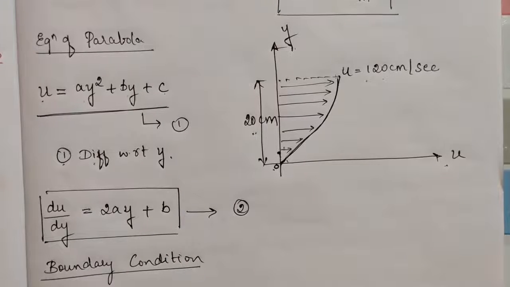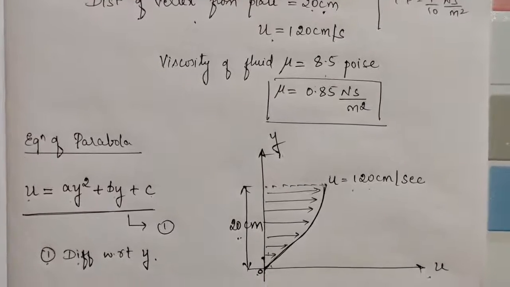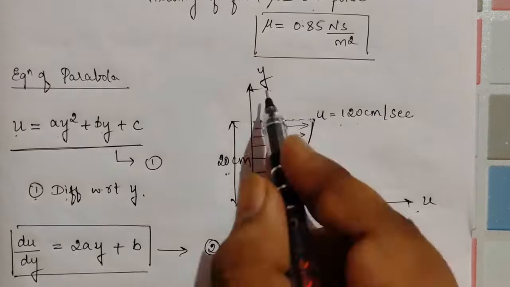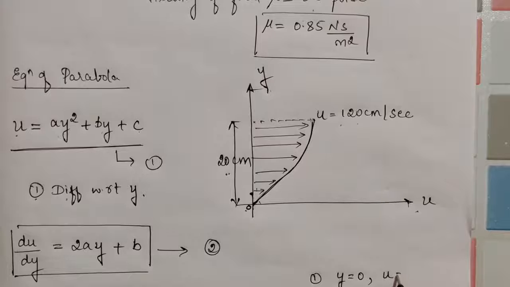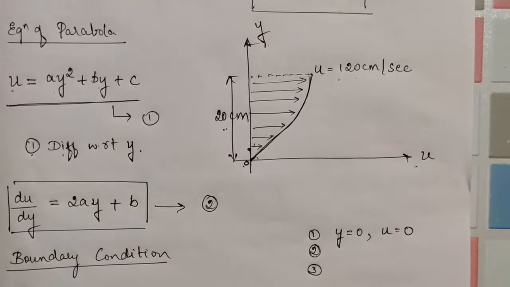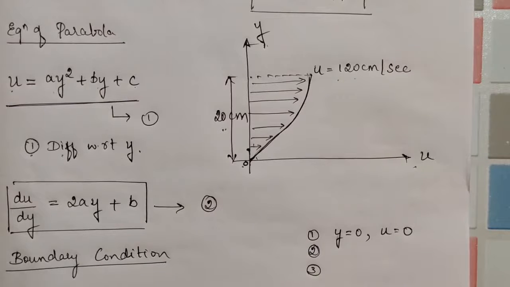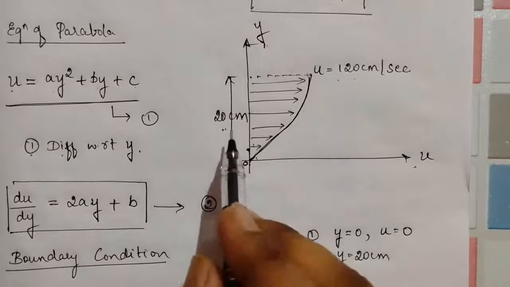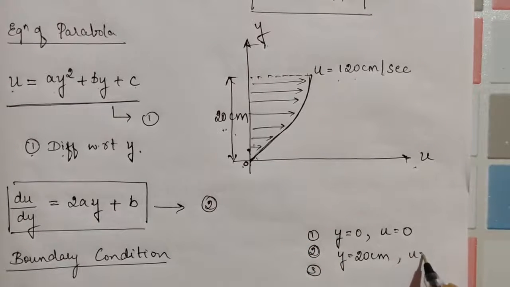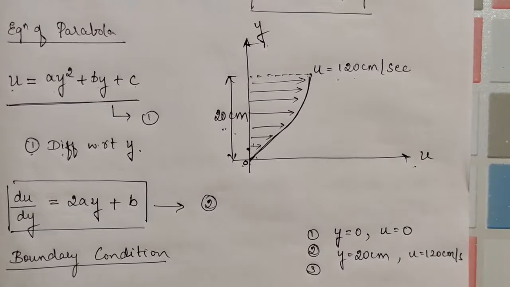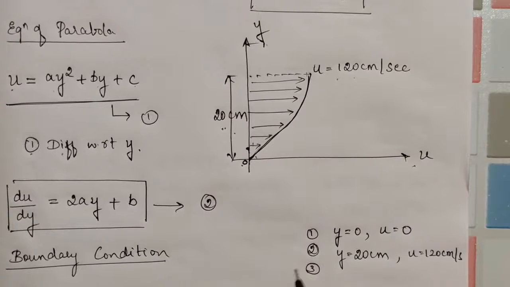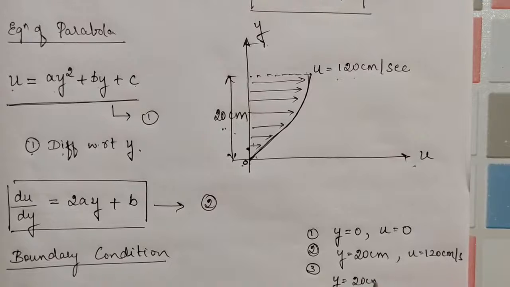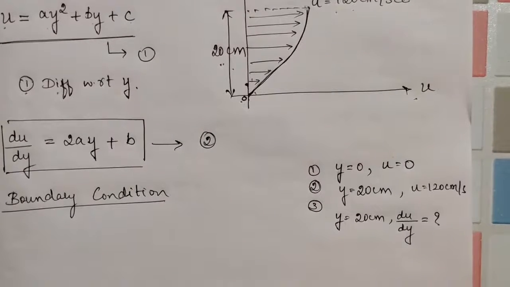We have 3 boundary conditions here. First, when y is 0, distance is 0 and u is 0. Next, when y is 20 centimeter, u is 120 centimeter per second. And also at y equal to 20 centimeter, what will be the change in the velocity gradient du by dy?